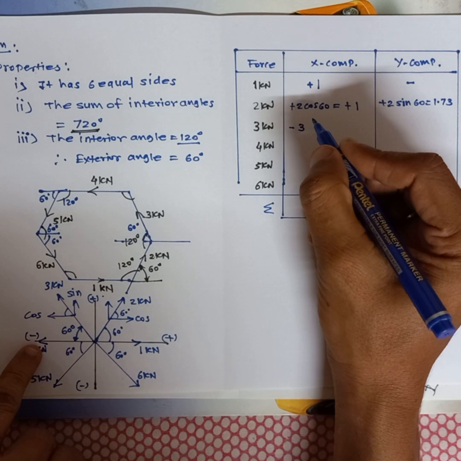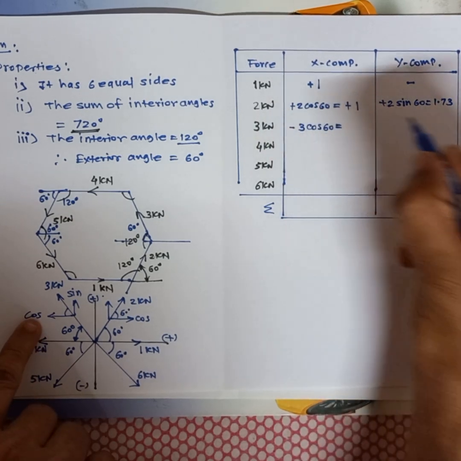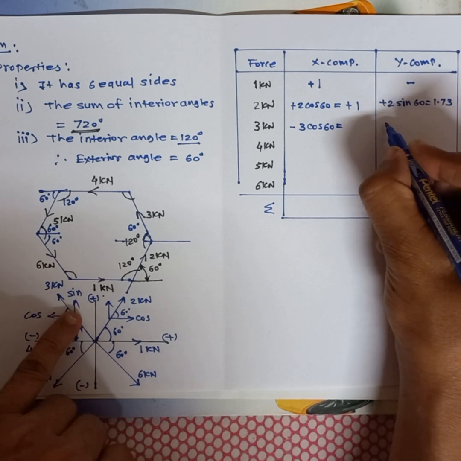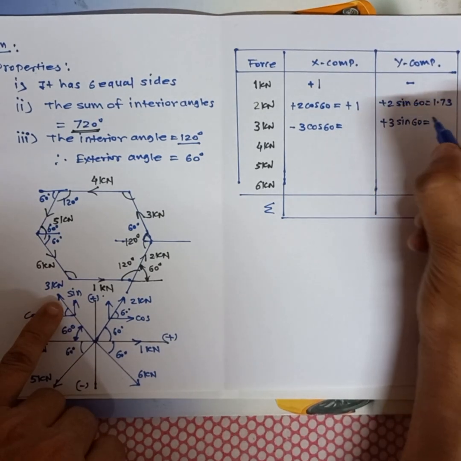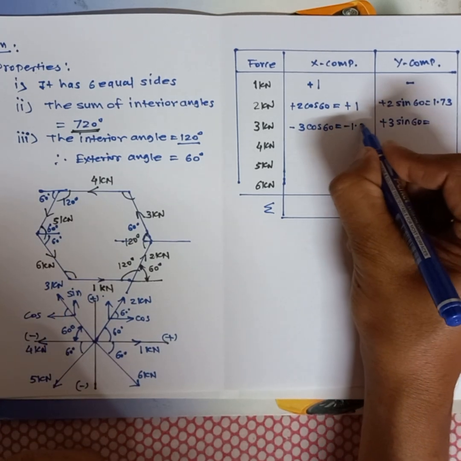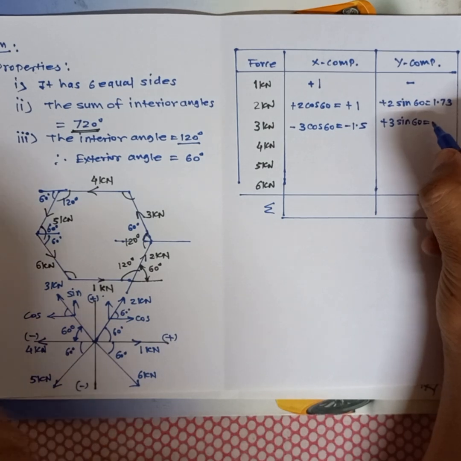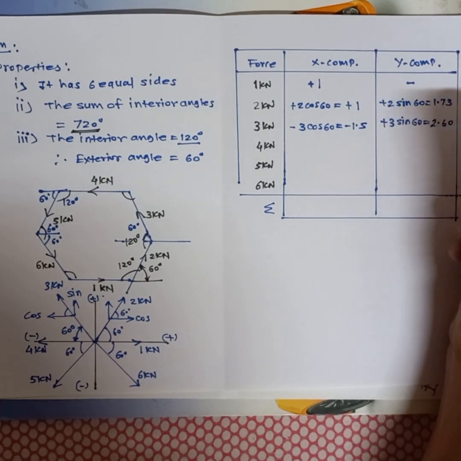So here you have to be very careful, right? So minus 3 cos 60 and vertical is plus 3 sine 60. Minus 3 cos 60 is minus 1.5 and 3 sine 60 is 2.60.